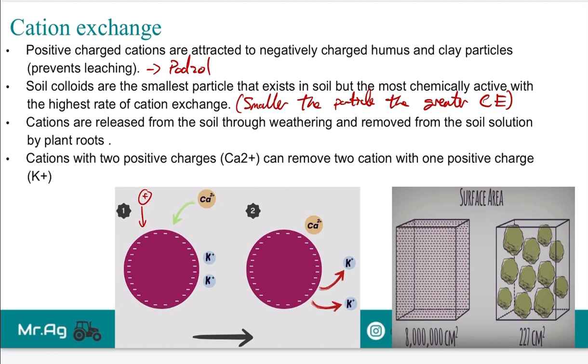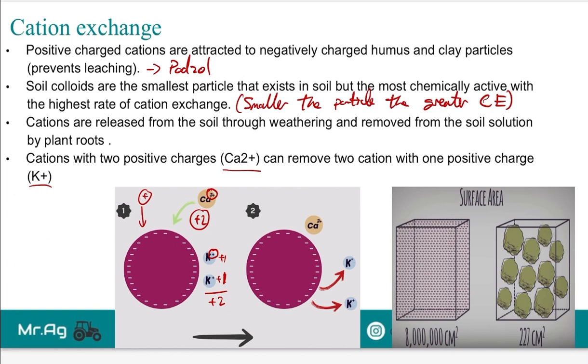Cations with two positive charges, such as calcium here, Ca2+, can remove two cations with one positive charge each, such as your potassium. So to explain that, we have our calcium coming in here, Ca2+, and that removes two ions with a +1 charge. +1 plus +1 equals +2, and that is why our calcium is able to replace those.